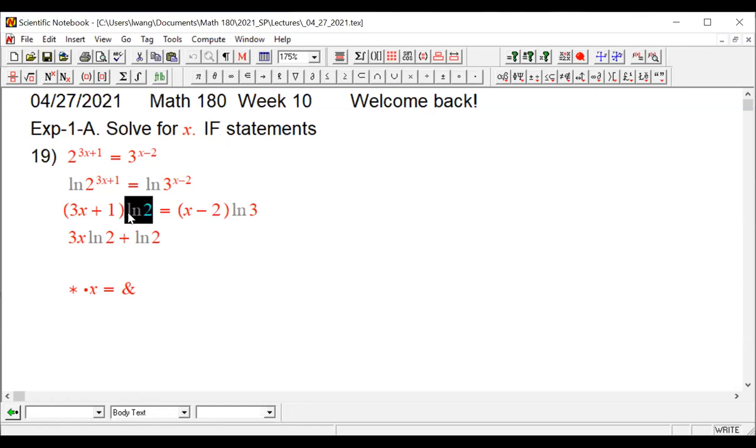So we distribute ln 2 to 3x, and we distribute ln 2 to 1. One term contains x and the other one does not. On the other side, ln 3 is distributed to x, so we have x times ln 3, minus 2 times ln 3.